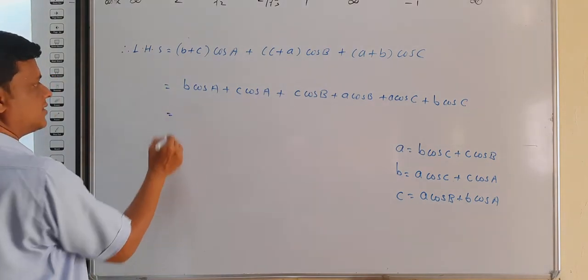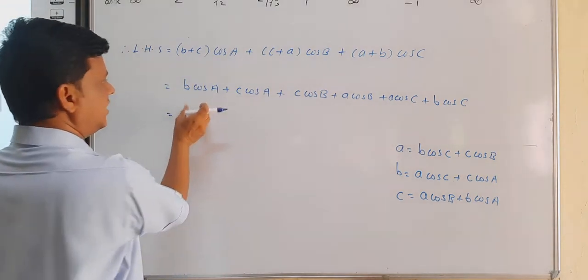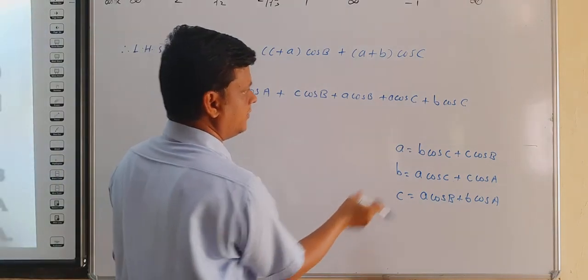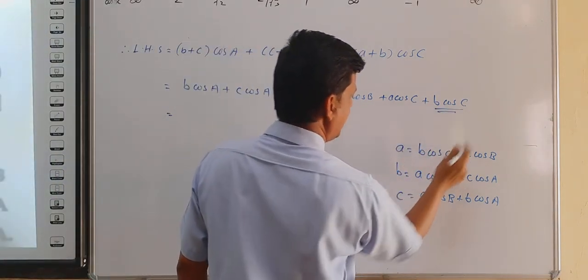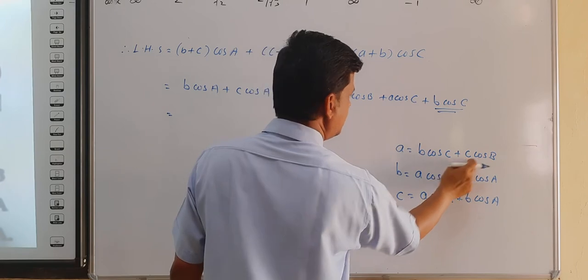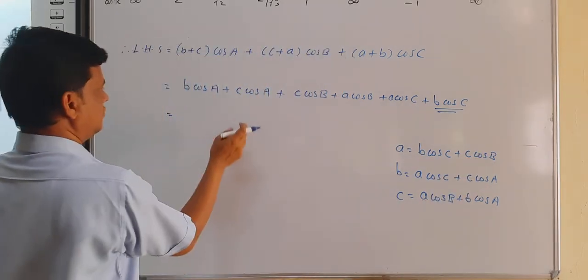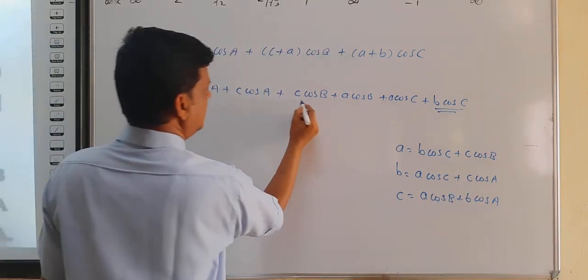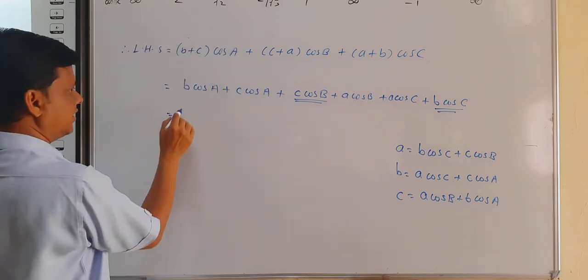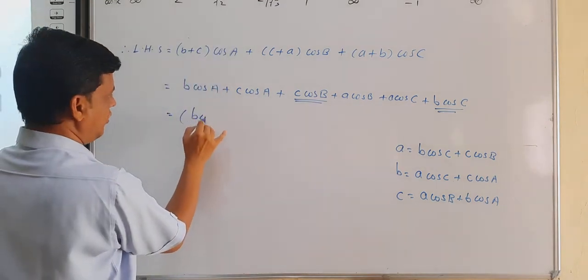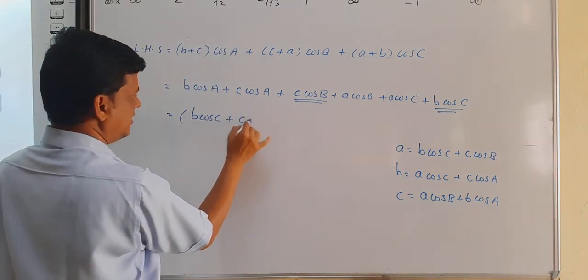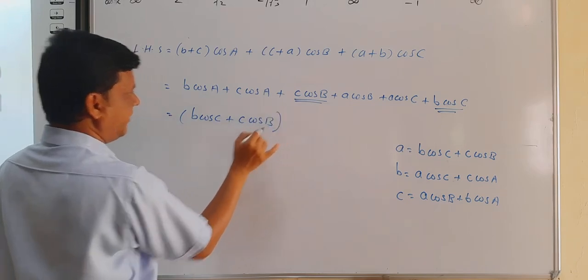So we rearrange these terms. For b cos C, we see the term b cos C, and the second term is c cos B, so we write b cos C plus c cos B in one bracket.